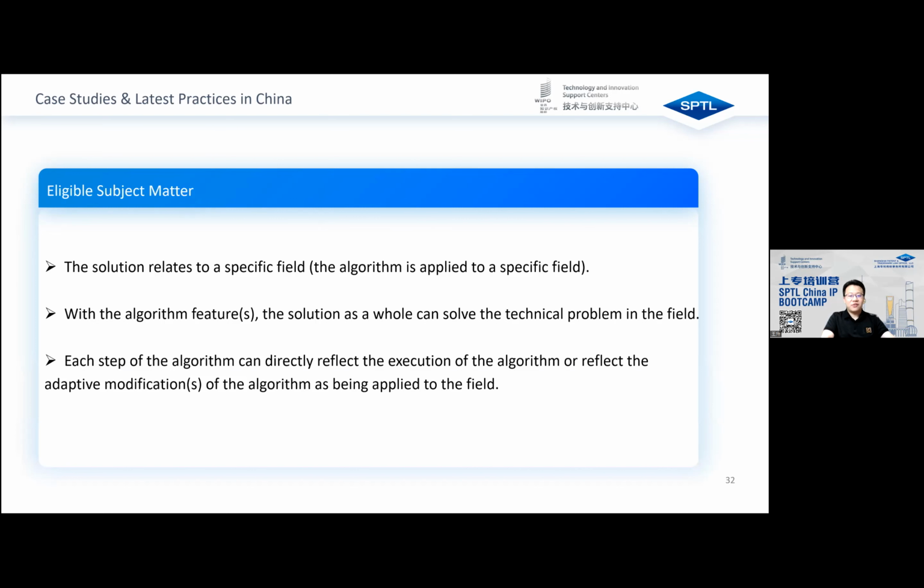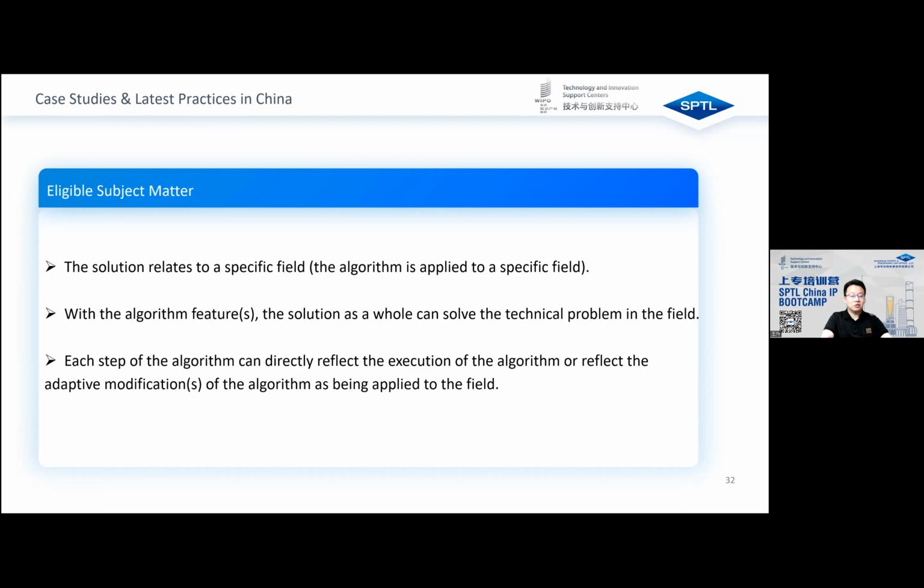In conclusion, if the solution relates to a specific field, in other words, the algorithm is applied to a specific field, the solution as a whole can solve the technical problem in the field with the algorithm features, and each step of the algorithm can directly reflect the execution of the algorithm or reflect the adaptive modification of the algorithm as being applied to the field.